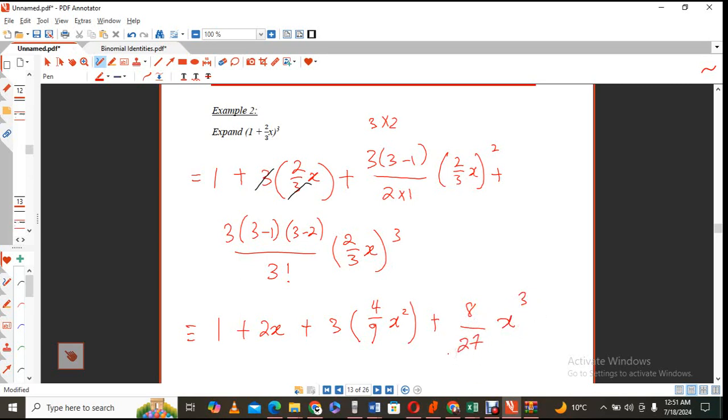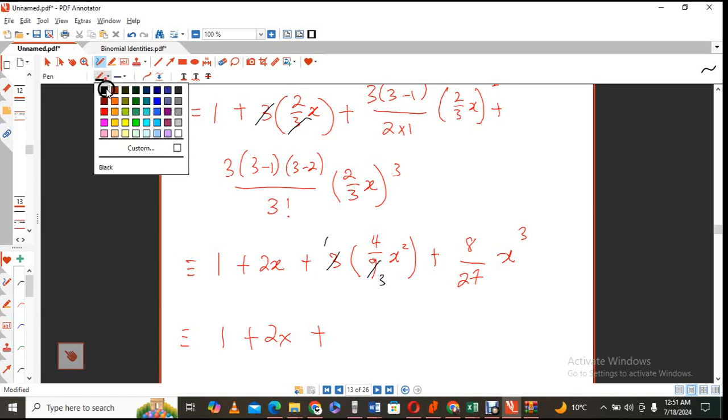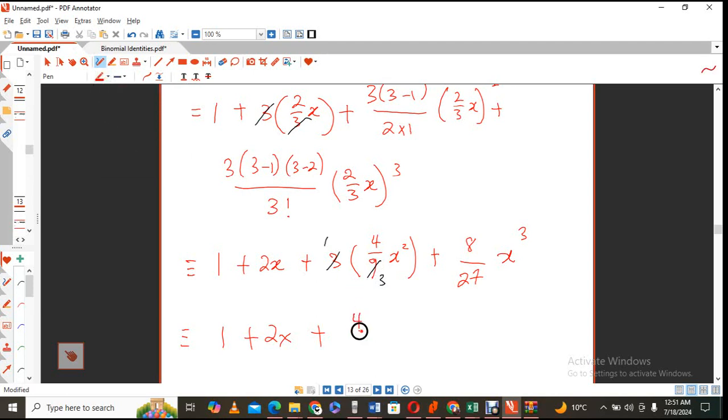That's where it's ending, but there's still the middle, the 4 over 9 and the 3 that I can still clean up. I have 1 plus 2x, then plus, of course, very important to realize that 3 goes in itself, then it goes there 3 times. So I have nothing left but 4 over 3, and that is going to be x squared, followed by 8 over 27x cubed. And that is the answer for that.